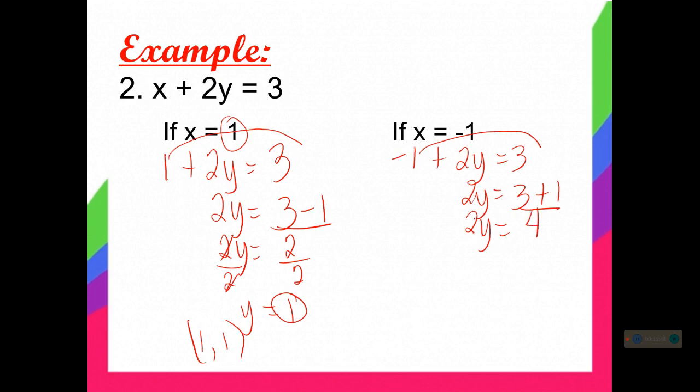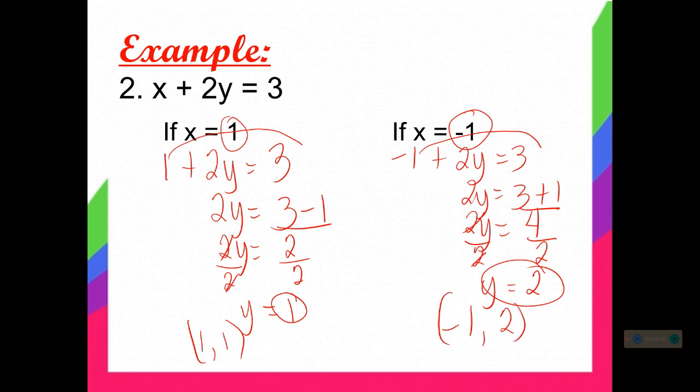Since we have again 2, you are going to divide both sides of the equation by 2. So we have here y equals 2. And since our x is negative 1, our y is 2, so our ordered pair is (-1, 2). Any question? Okay, let's plot this.